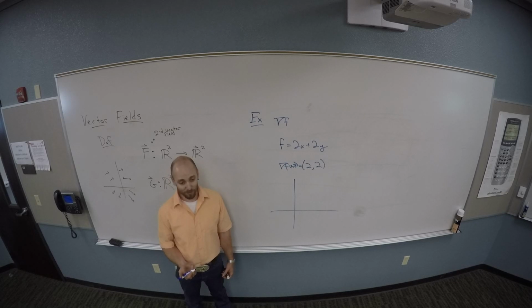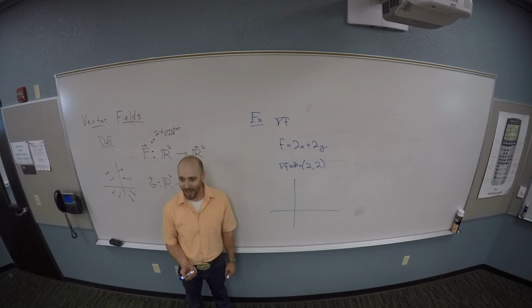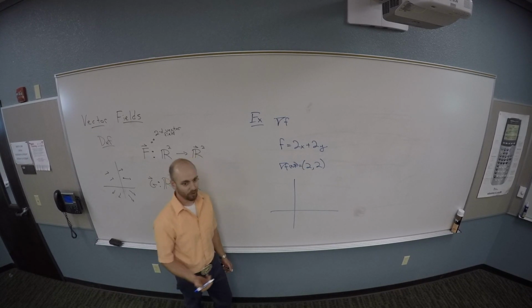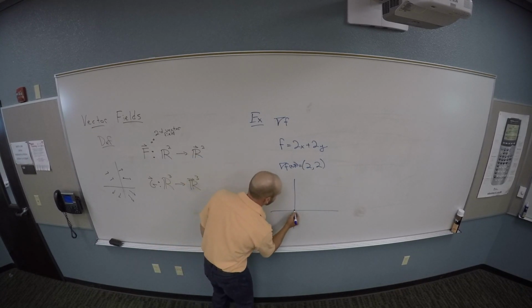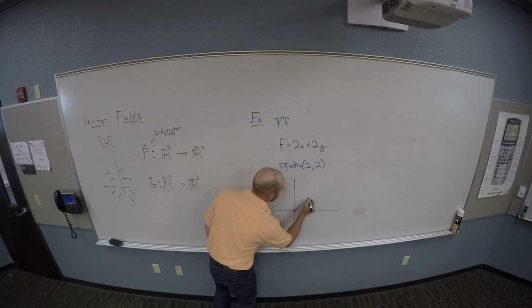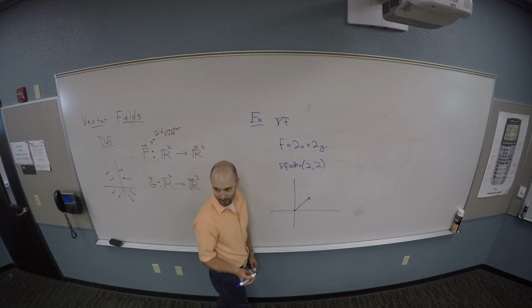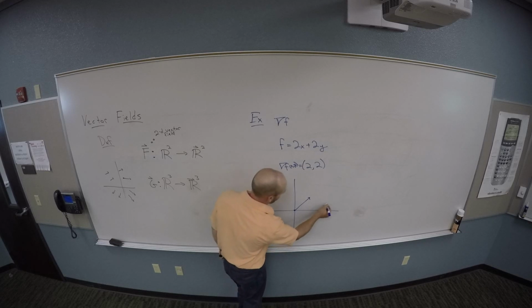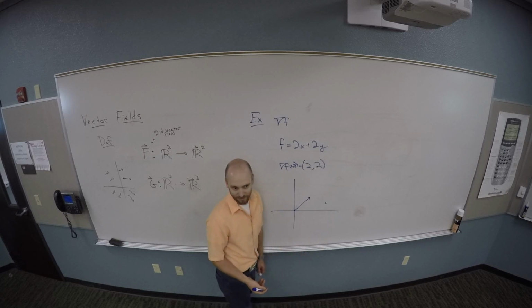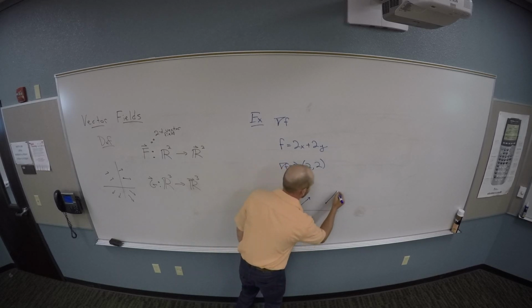Yeah, this one's really boring, right? Because no matter what point you give it, what's it give you back? 2, 2, right? So if I give it 0, 0, it gives me the vector 2 over, 2 up. If I give it this point over here, what's it going to give me? 2 over, 2 up.